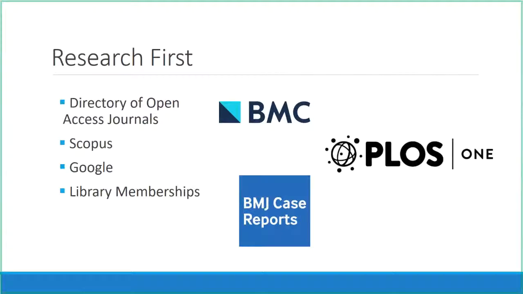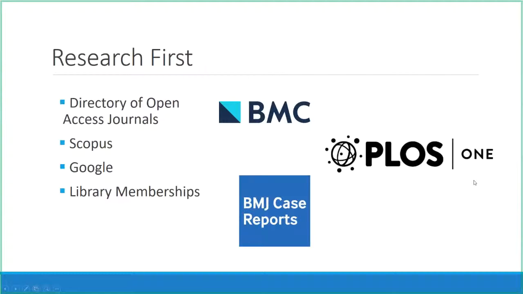So these are really, really recommended places to start if you're interested in publishing open access. So this is BioMed Central, which has a lot of journals in pretty narrow specialties. So this is a great place to start.